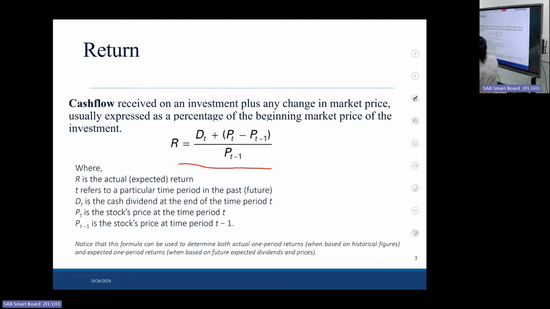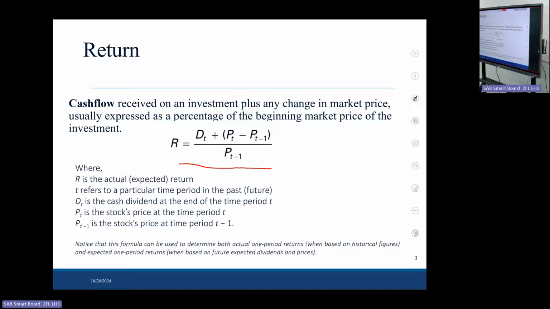Dividend is the cash dividend. Suppose you invested for a particular period. If you invested in an equity, ordinary share, is there any maturity? No, there's no maturity.